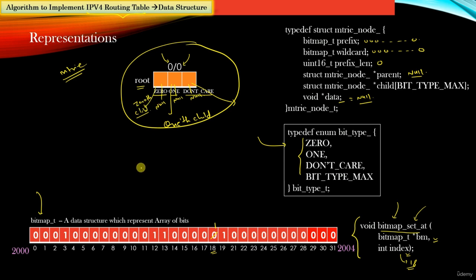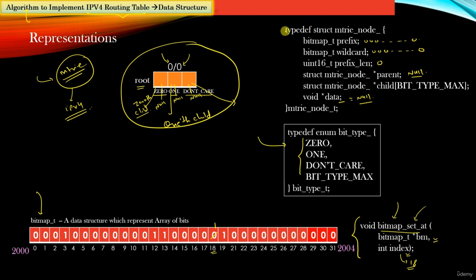First, we will only focus on the algorithmic part, that is how we will insert routes in this mtry, how we will delete routes from this mtry, how we will search for routes in this mtry, and how we will implement longest prefix match based search in this mtry data structure. Remember, this mtry data structure is nothing but your IPv4 routing table in the end.